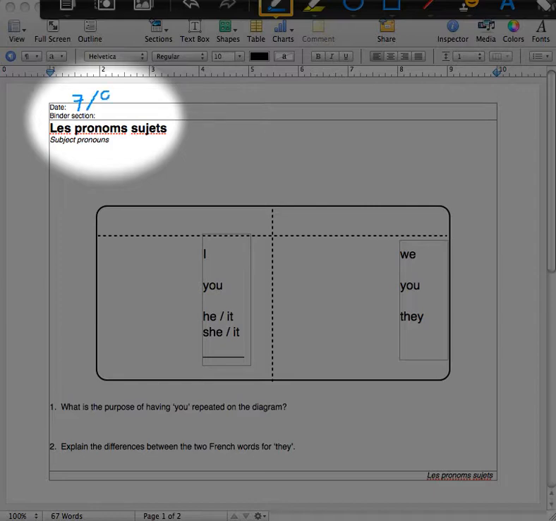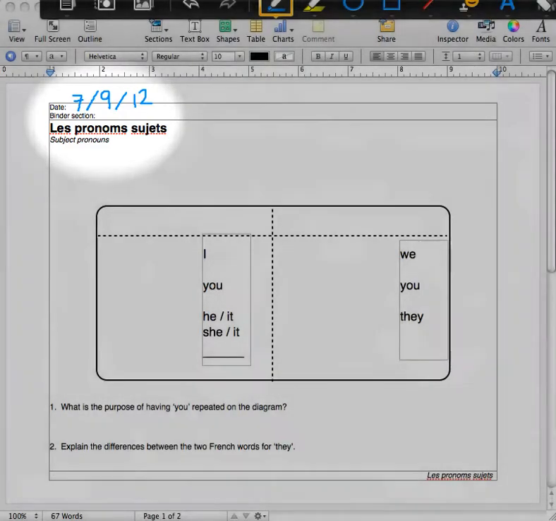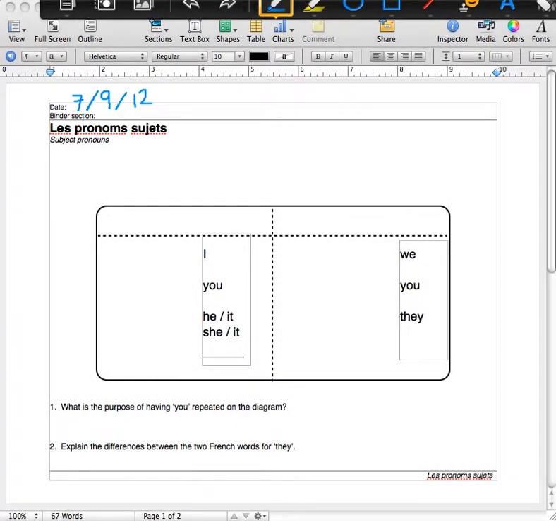So if it's the 9th month of the year, September. And then the year. That's how we do that with the date. So, for our binder section, we're going to write automne. Automne. It looks like autumn. Automne. We have our binder divided into the 4 seasons, and automne is our first season.